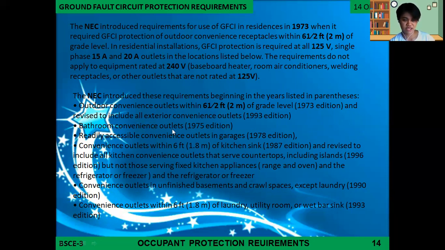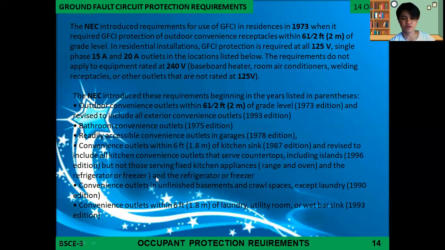Bathroom convenience outlets, 1975. Readily accessible convenience outlets in garages, 1978 edition. Convenience outlets within 6 feet or 1.8 meters of a kitchen sink, 1978 edition, and revised to include all kitchen convenience outlets that serve countertops including islands, 1996 edition, but not those serving fixed kitchen appliances like the range and oven, and the refrigerator or freezer.